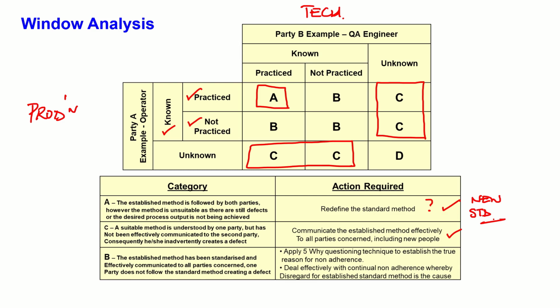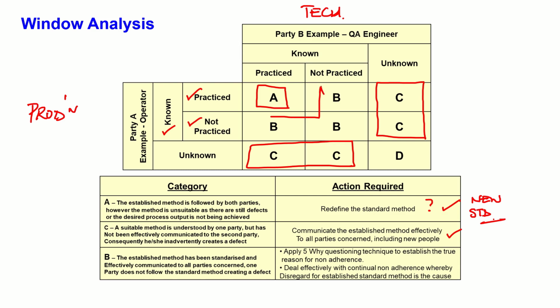So there's window C, and then finally, window B, what does it say? The established method has been standardized and effectively communicated to all parties concerned. One party does not follow the standard, however, and creates a defect.